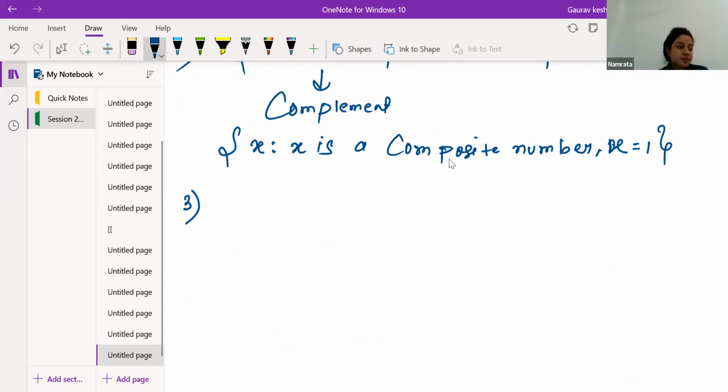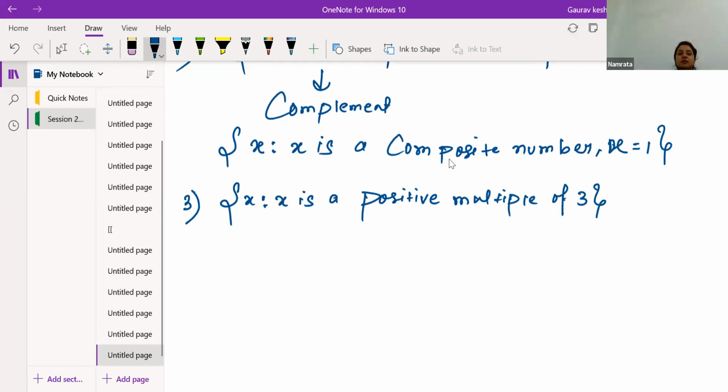The next one is the set of x such that x is a positive multiple of 3. So what will be the complement of this one? If we exclude positive multiples of 3 from the set of natural numbers, what will be remaining?